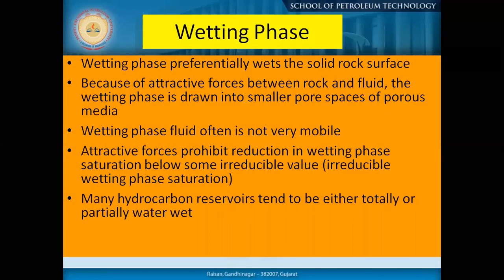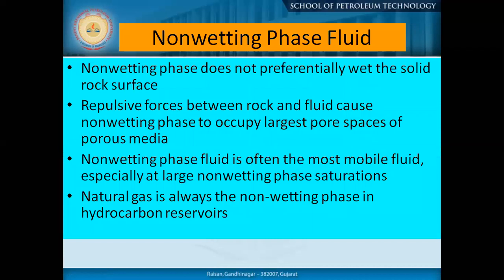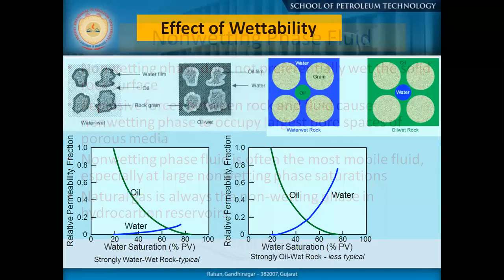The wetting phase will always wet the rock surface, the attractive force, and the non-wetting phase will always occupy the central part of the pores, just like the figure I showed you earlier. That is why wettability plays a very important role in our understanding of the reservoir.